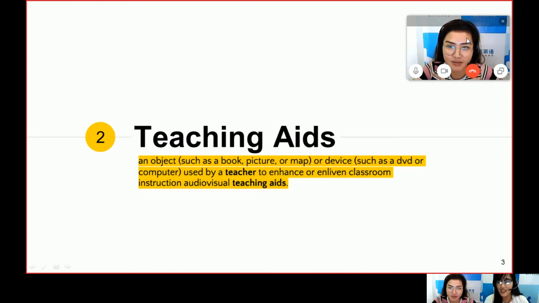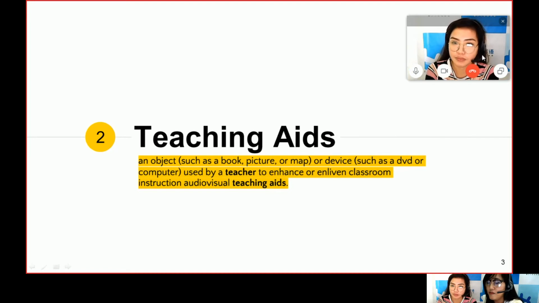So teaching aids will make it easier for you to teach the vocabulary. So don't worry for your demo. We will help you provide the things that you need for your demo, with the Chinese student, the one who will do a final demo for you.